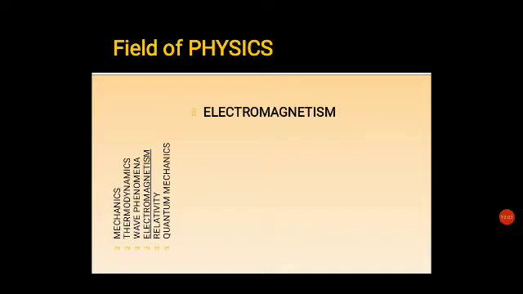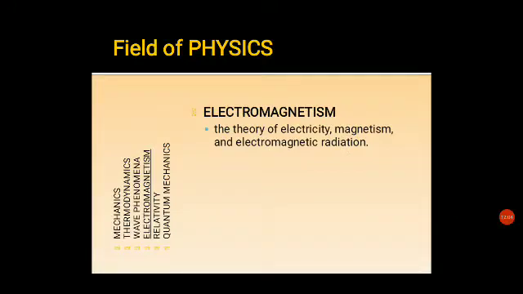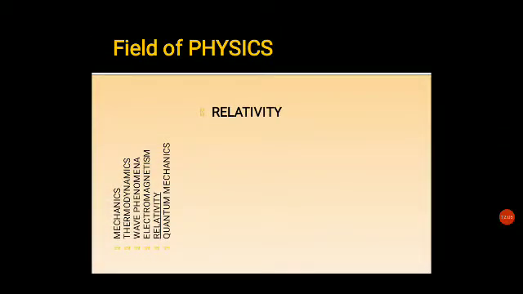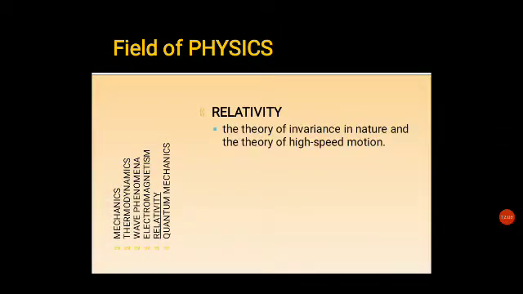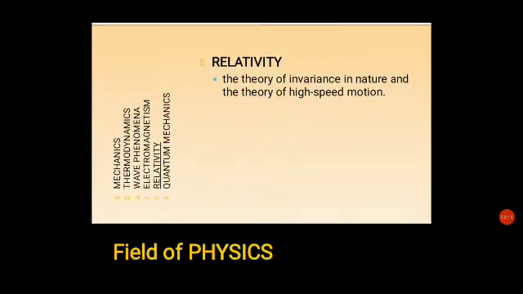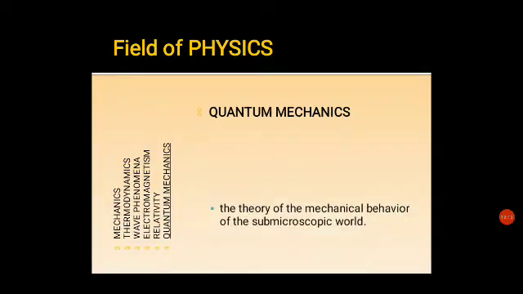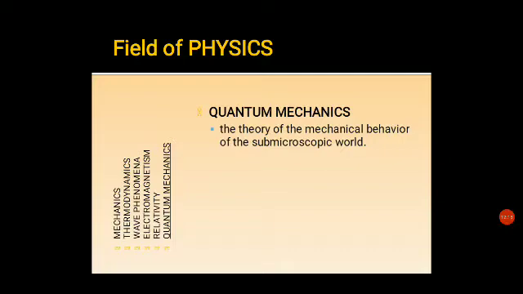That is what is called electromagnetism. Okay. And then relativity, it is more on invariance and high-speed motion. Then we have quantum mechanics. This is a field of physics where it wanted to understand the microscopic world, the world of quarks, something like that.